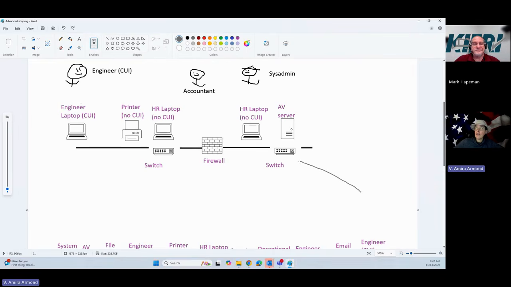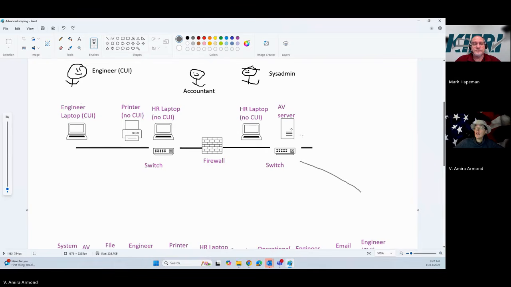It's not this stuff over here because you've got a big boundary in between, which prevents the CUI from flowing over, right? It prevents this computer from making a connection to the CUI.